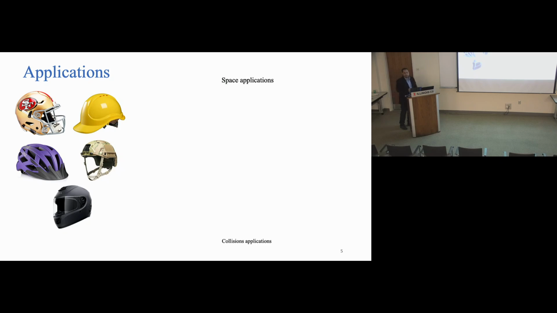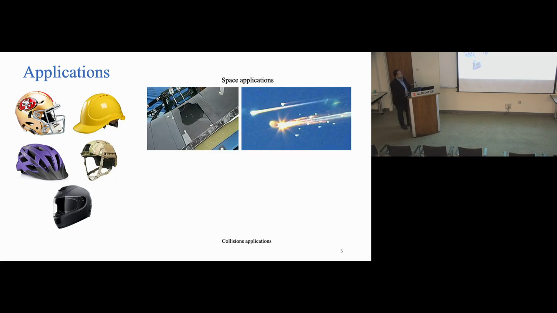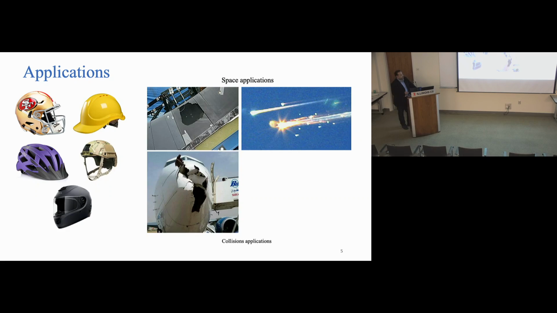can be used in making helmets, because it has viscoelastic behavior and can sustain high impact collisions. The other thing is space application. It could also be used for this kind of application in space. As you can see here, there is a problem in the space shuttle and in the space station.